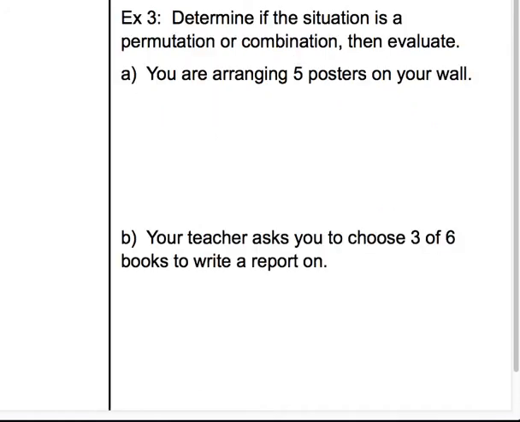All right, so the last slide for today is differentiating between permutations and combinations. So if you are arranging 5 posters on your wall, I want you to think for a minute, will the order you hang those posters matter or not? So would it be a permutation or a combination?